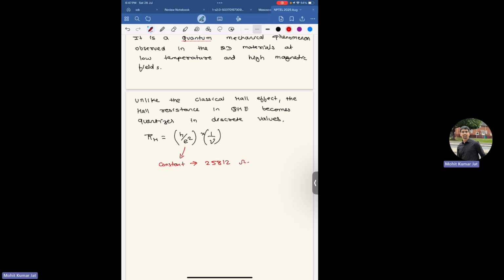This constant has its name, which is the von Klitzing constant.